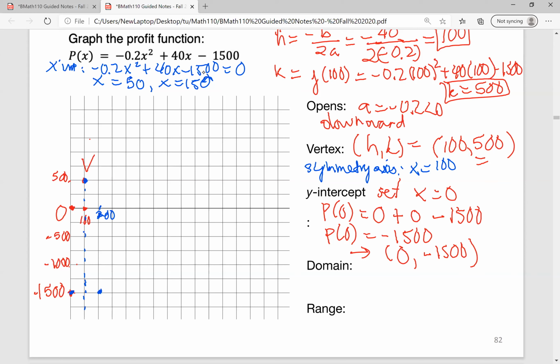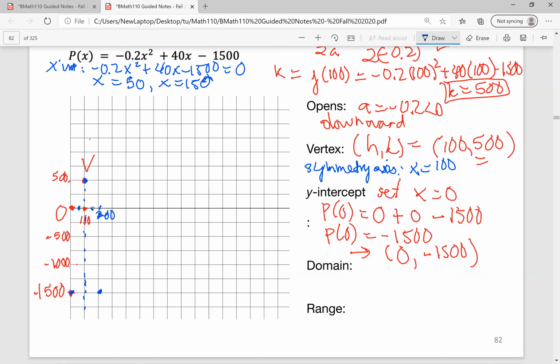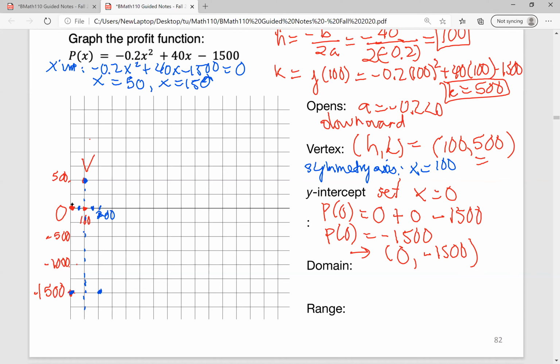You can use the quadratic formula, or you can use the factor method to factor it out, and then solve it and get x equal to 50 and x equal to 150. So then in here you will have this point and this point, and the middle of these two is the point the graph goes through.